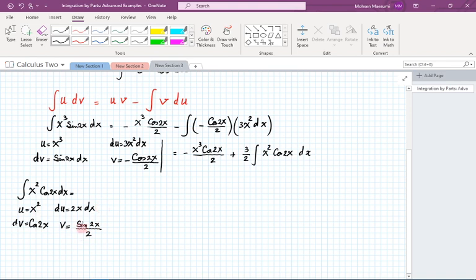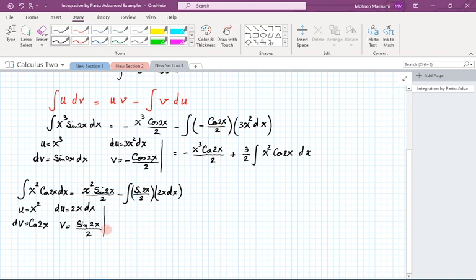So u times v is going to be x squared sine of 2x over 2, and then minus v du, this times that is going to be sine of 2x divided by 2 times 2x dx.